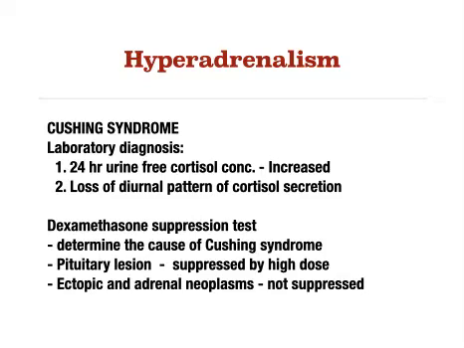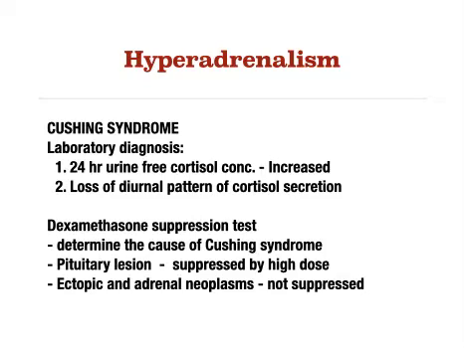Okay? Now, determining the cause of Cushing syndrome depends on the serum ACTH measurement and of course your cortisol measurement. Okay? And we also measure the urinary steroid excretion after administration of your dexamethasone.